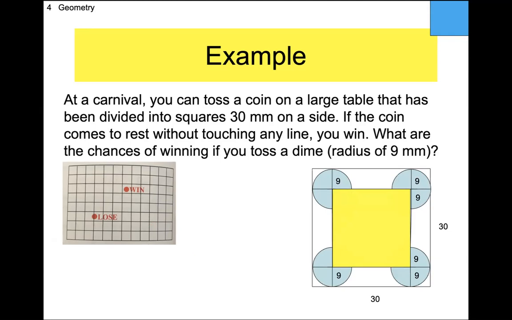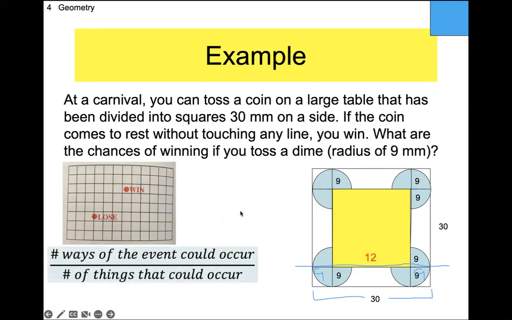Luckily, that's pretty simple. Each dime has a radius of 9. If we think about this part right here, the blue part I'm drawing, right here is 9 and right here is 9, and the whole thing is 30. So 30 minus 9 minus 9, in other words 30 minus 18, is 12.